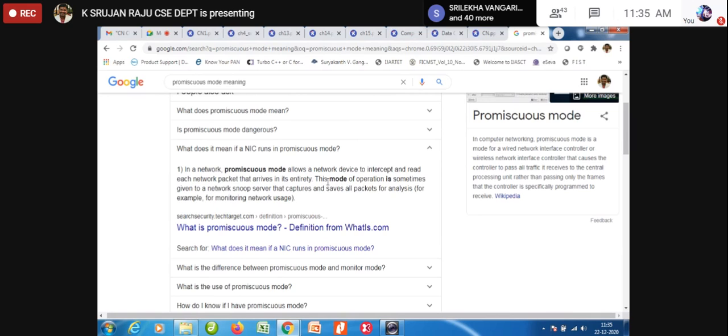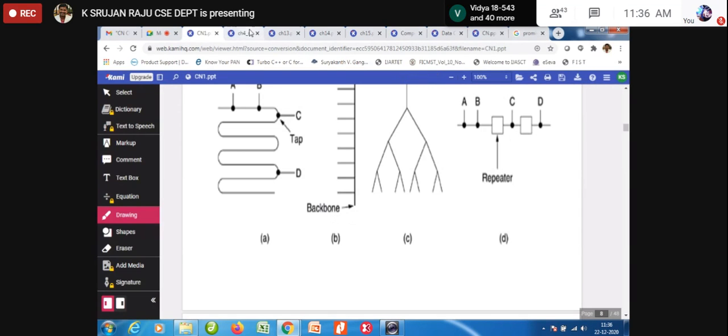This mode of operation is sometimes called a network snoop server, which captures and saves all packets for analysis. This is a very important one, the network snoop. That is another concept, but please keep it in your mind.